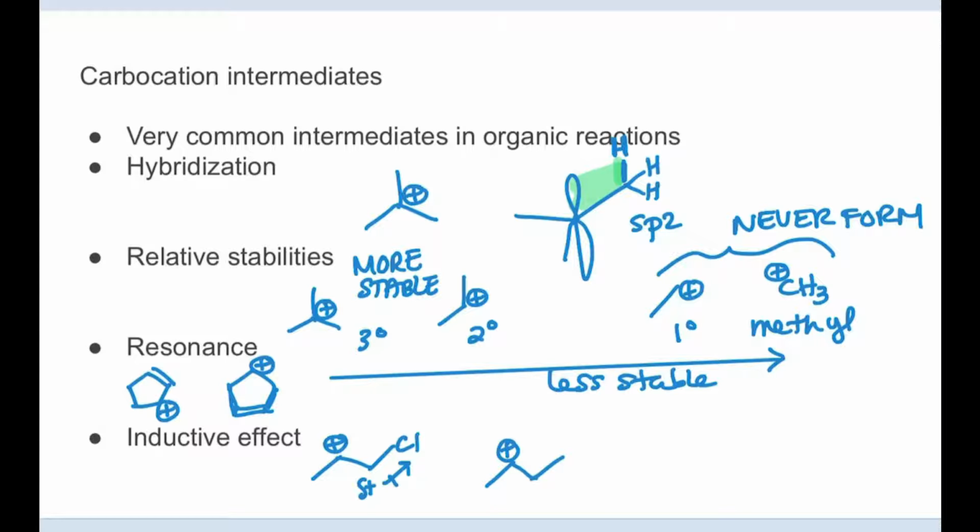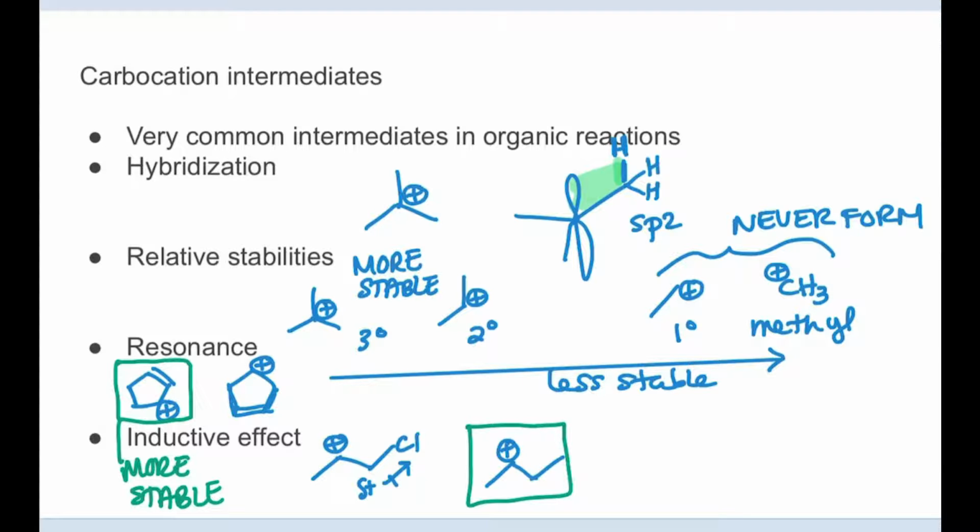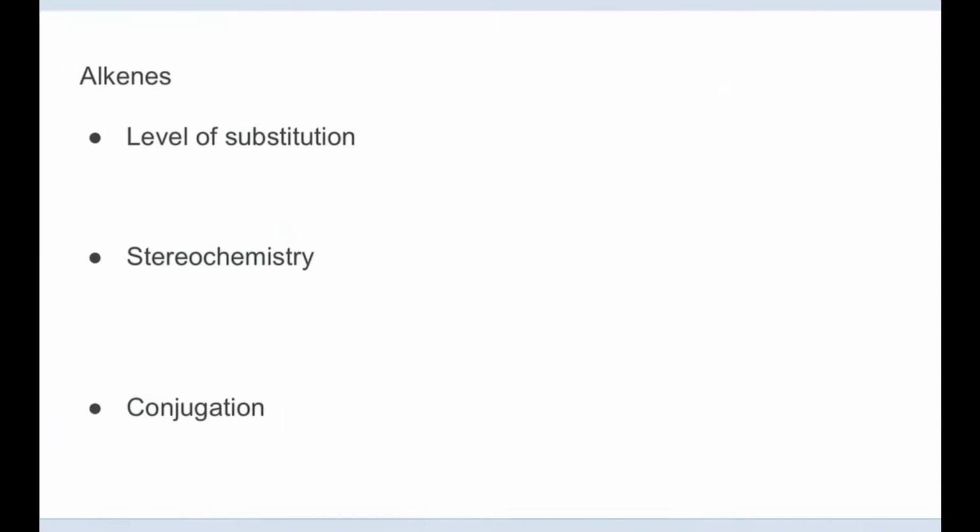And in this case, we don't have that, right? So I'll go back up here, and I'll put a box around this one, and a box around this one, indicating that this is more stable due to resonance, and this one is more stable because of the inductive effect.